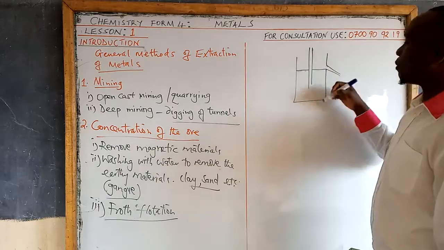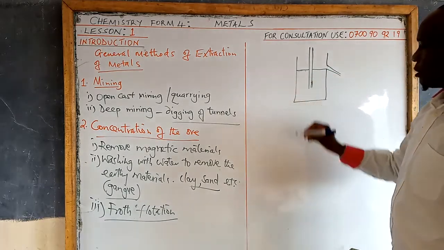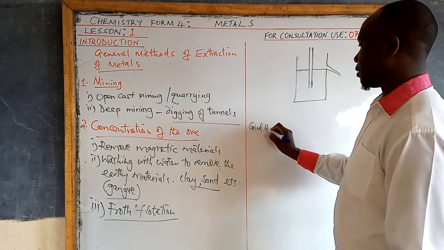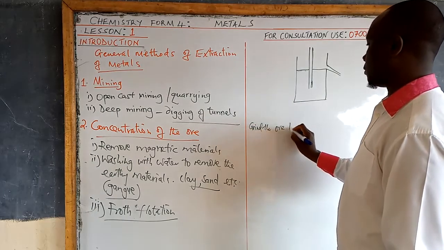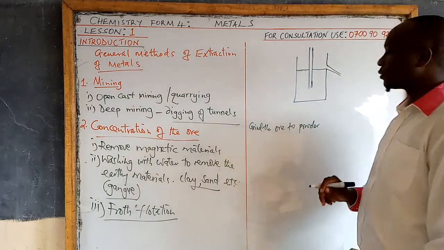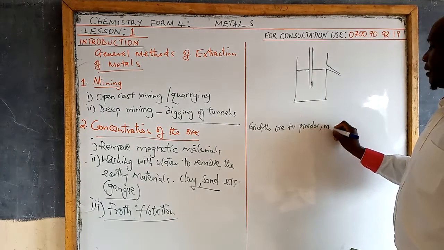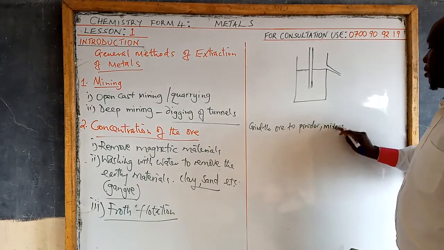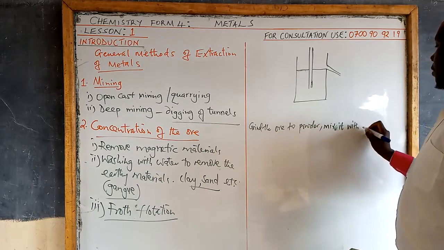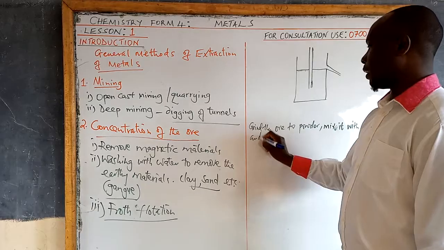So first you grind the ore to powder. After it is ground to powder, you mix it with water and oil.